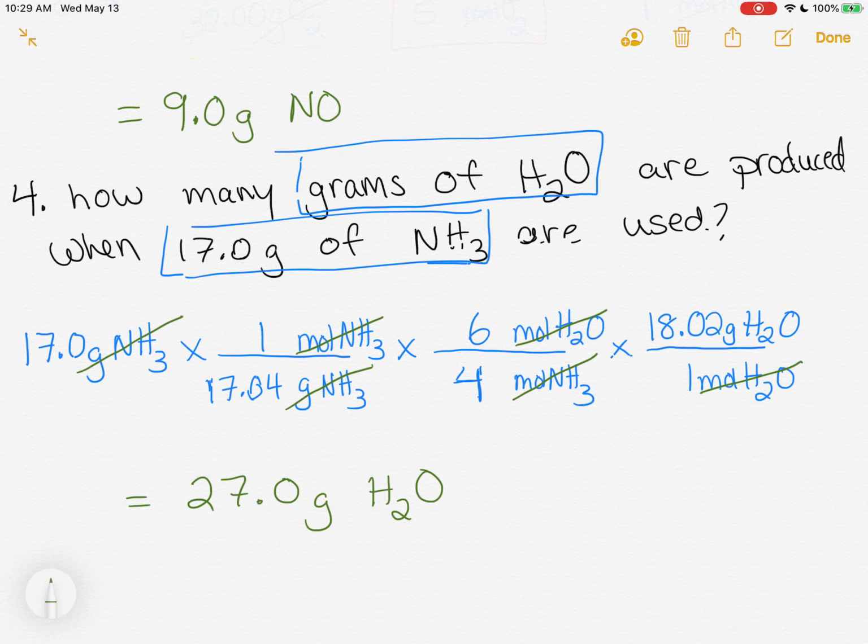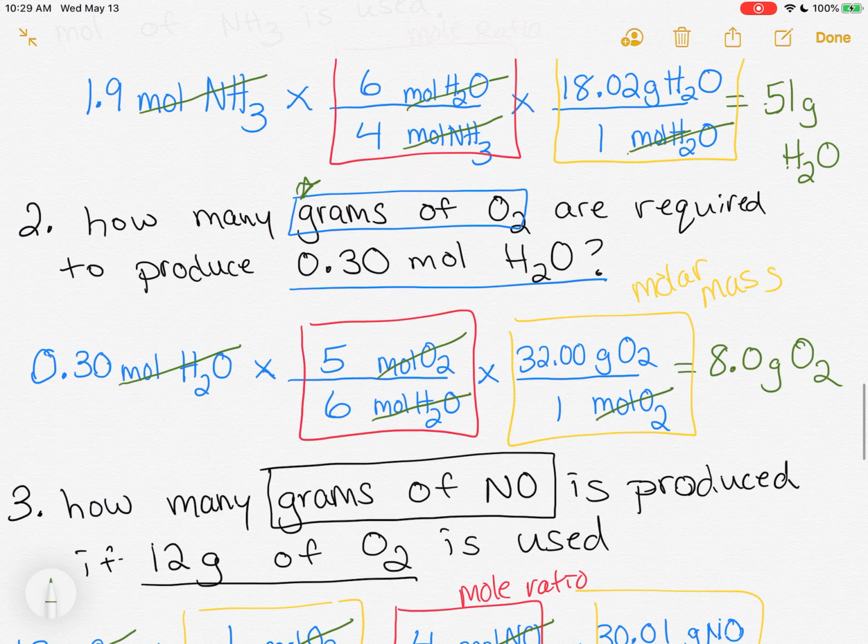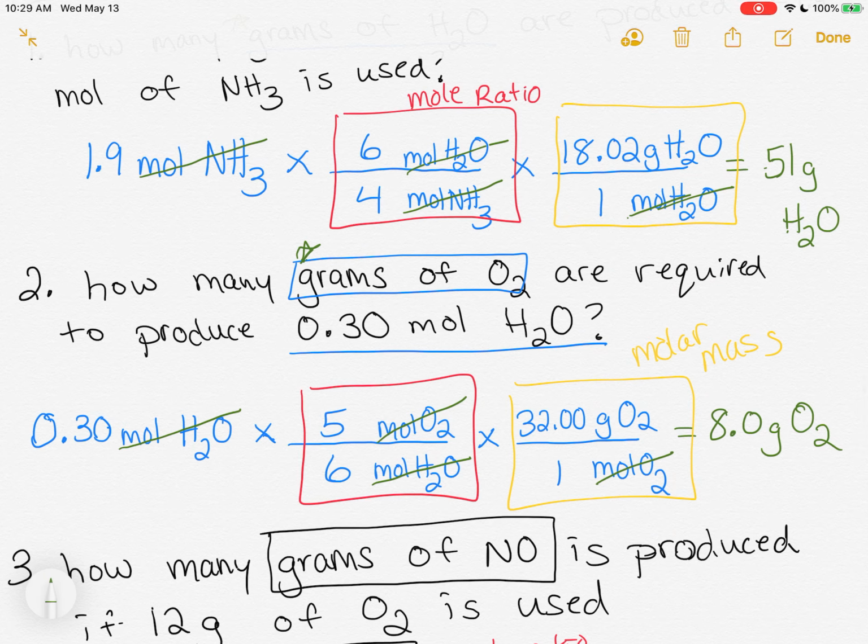Okay, you can use as many or as few conversion factors as you need to convert your units from what you have into what you want. Okay, if you start with grams and you want to end with grams of something else, you're going to have to use all three of these conversion factors in a row to go from grams of one substance to grams of a different substance. If we start with moles, we can use fewer conversion factors.